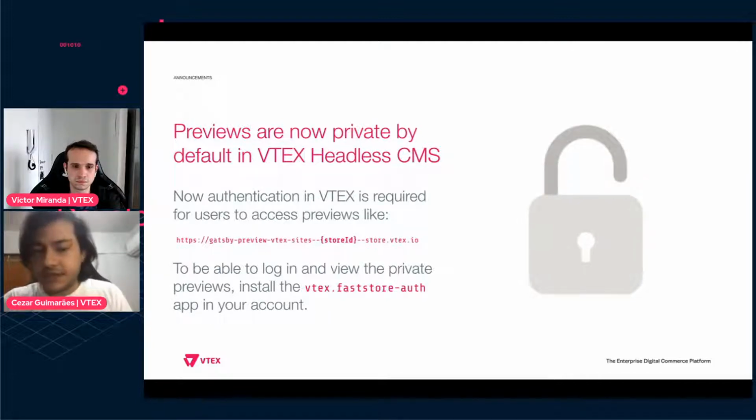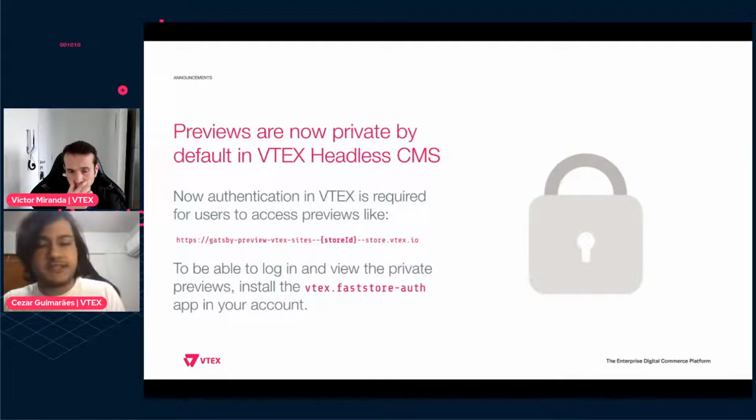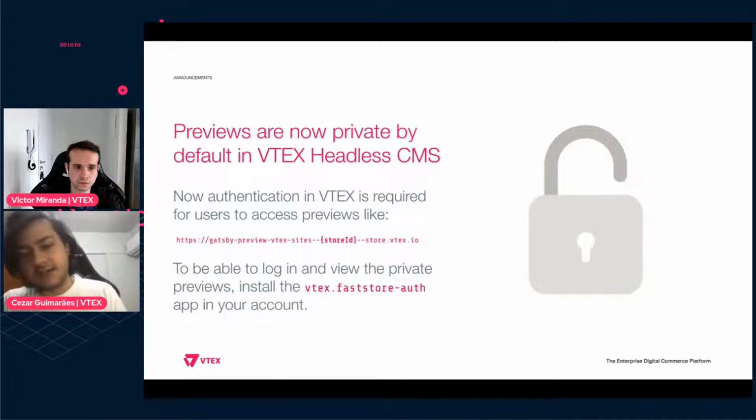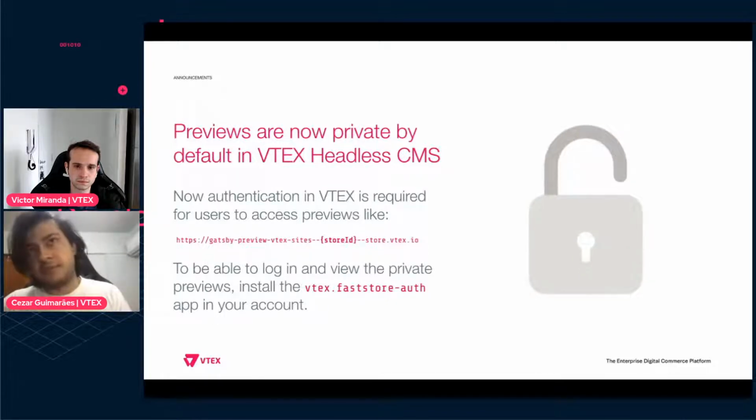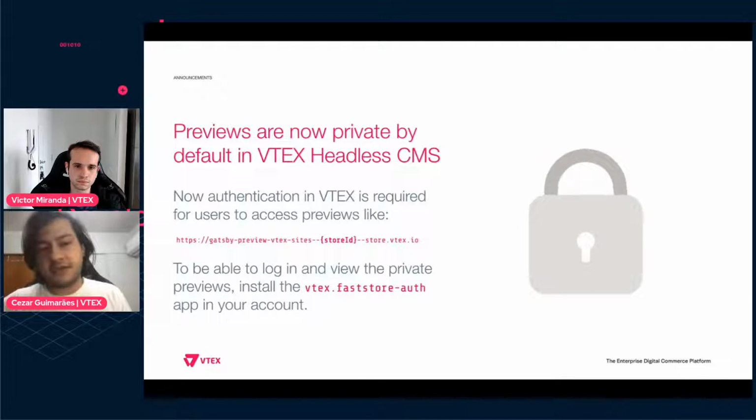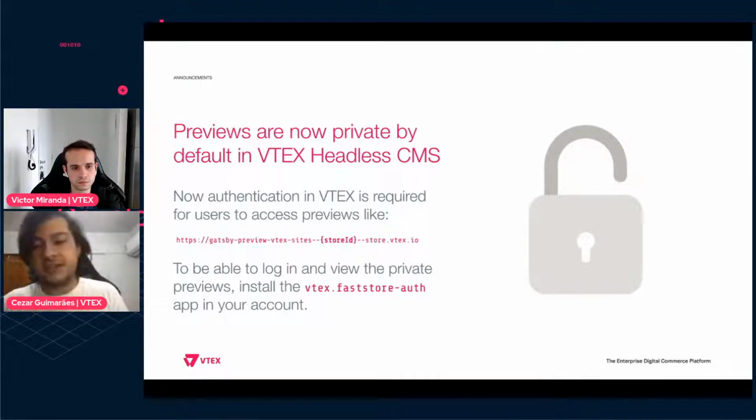The access required to see the preview is the same that you would need to access, for instance, account.myvtex.com. If you need to add this permission to someone, it's the permission to see the admin. The person does not need permission to change anything in the admin, just to see it.